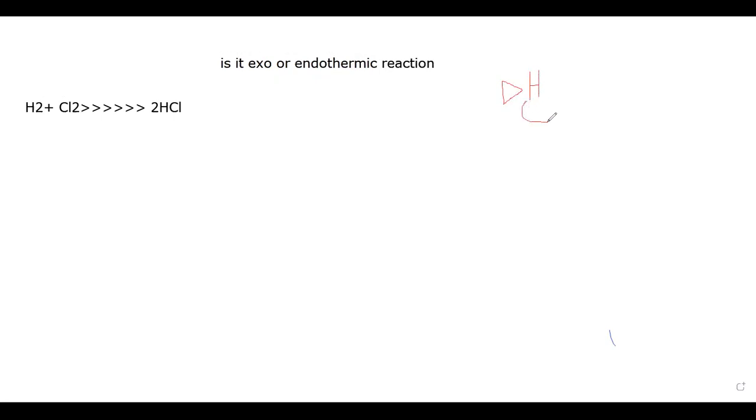You have to find delta H for the reaction. Delta H means enthalpy change. What does it mean? Enthalpy change is a change in the energy of the reaction.